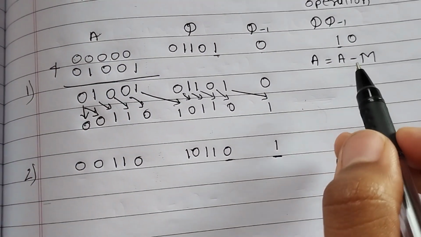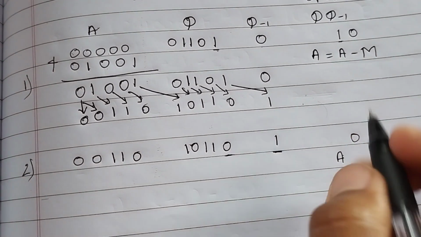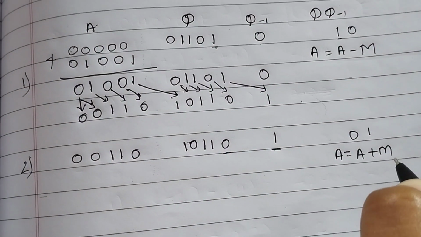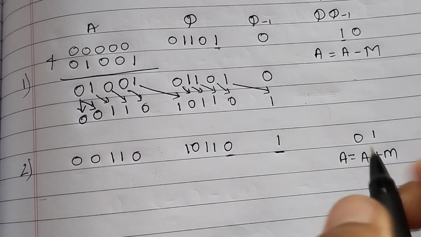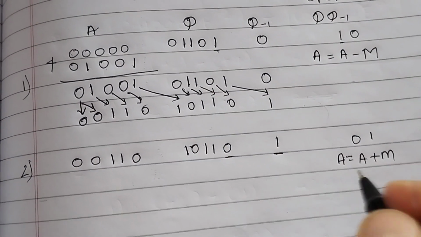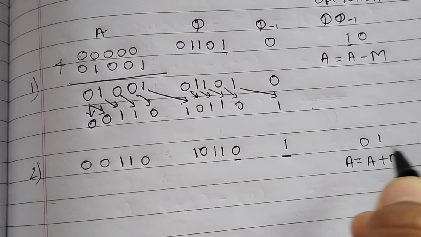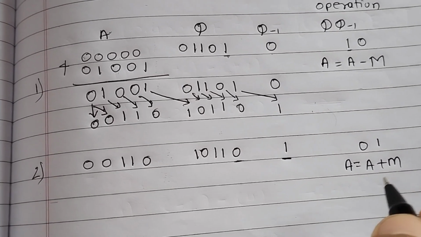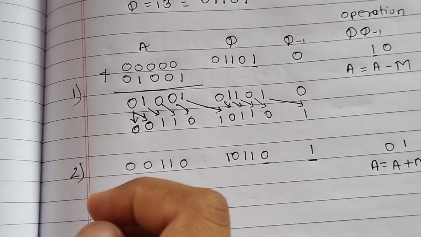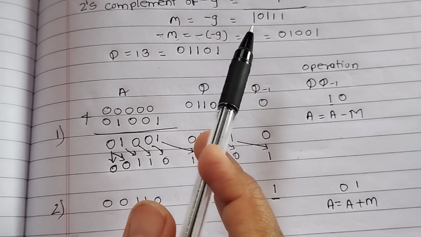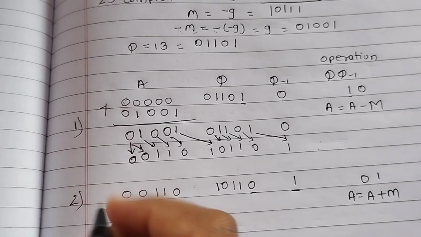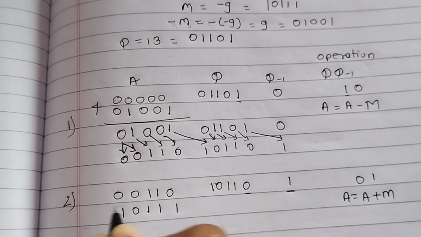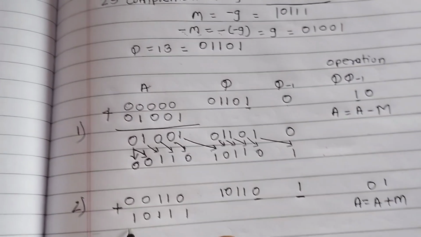If 1 is present, then directly do A minus M, and if 0 comes, then A is equal to A plus M. This is the one trick to get a quick operation. So we know the value of M. This plus 1 is added into A. What is the value of M? It is 1 0 1 1 1. So we add them.